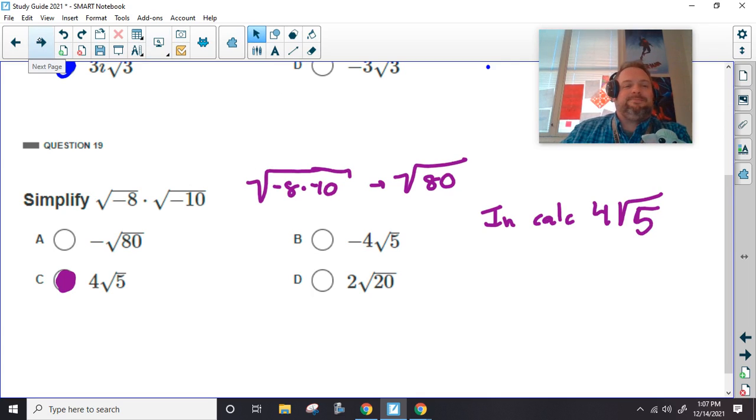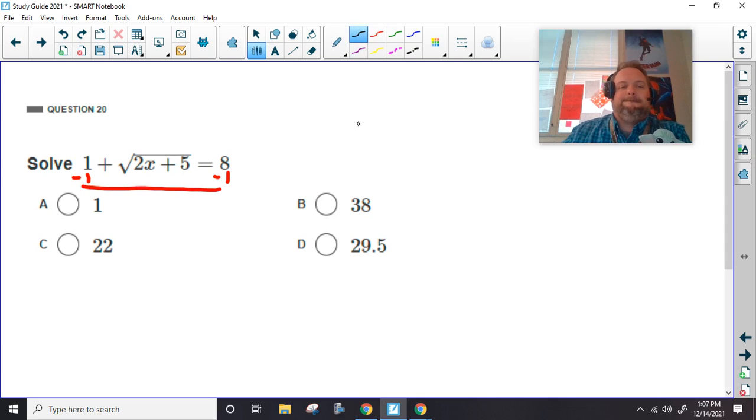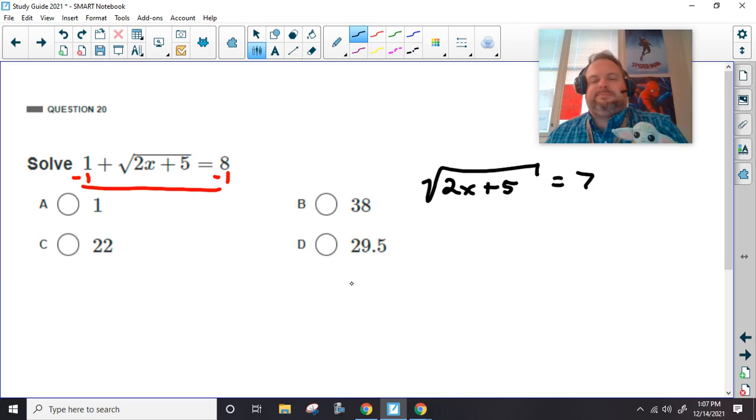All right, number 20. The first thing you need to do is subtract 1 from both sides. Okay? Then we have this. Now, we had the other part to this earlier where we were undoing a square.